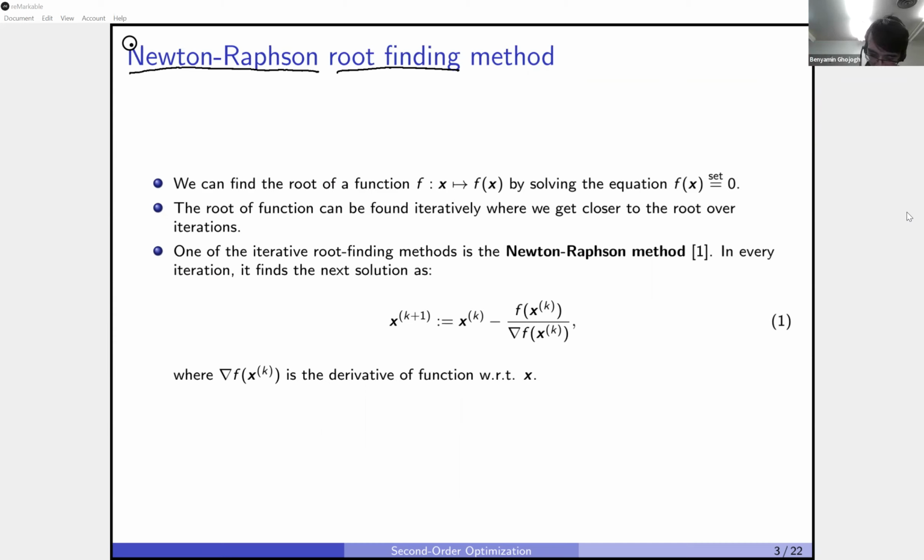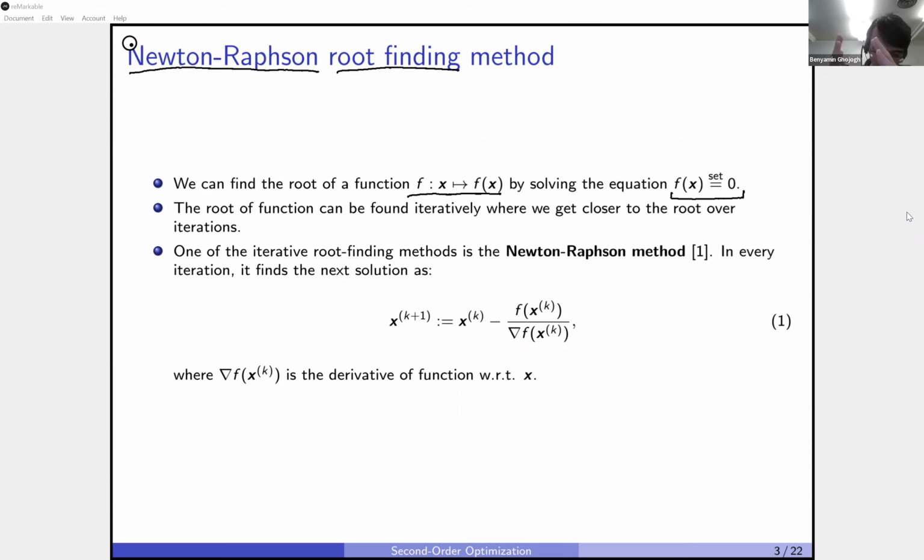If by setting it to 0 you can get x as a closed form solution, with x alone on the left-hand side and the right-hand side not dependent on x, then you are done.